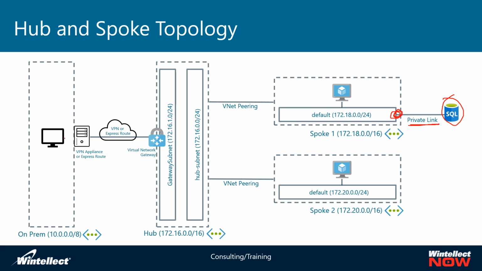Across my tunnel here, come across my VNet peering, back through my VNet and across my subnet to a platform as a service offering, a SQL database, rather than going out to the public internet to access that exact same resource. That is a way of providing extra layers of security on top of the already encrypted traffic across a connection onto a SQL platform.